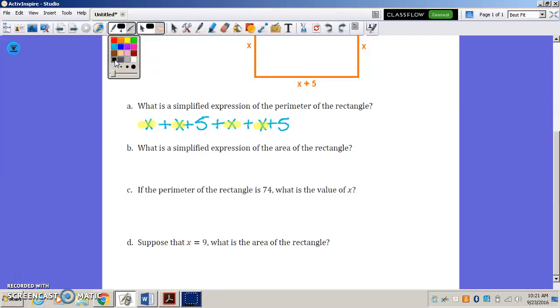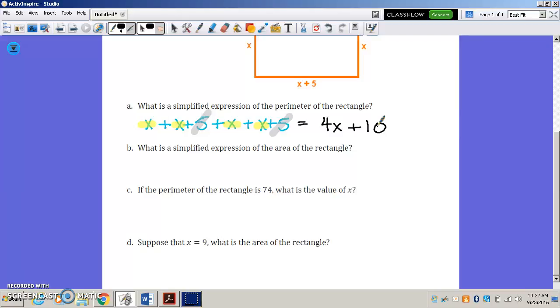Let me write that out. So this is equal to 4x. In a different color, I'm going to highlight the numbers, which are not variables, and that's that one and that one. That looks like a total of 10. So I have a total of 10, and I'm adding these. My simplified expression is simply 4x plus 10.